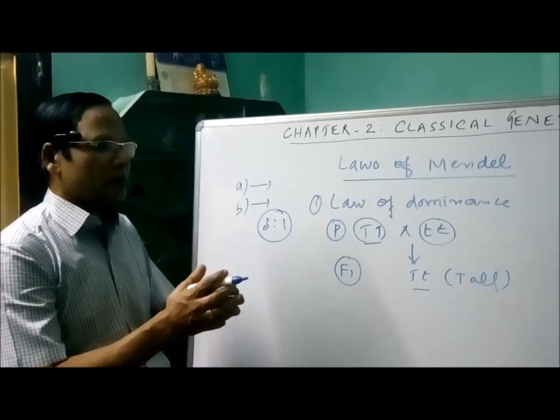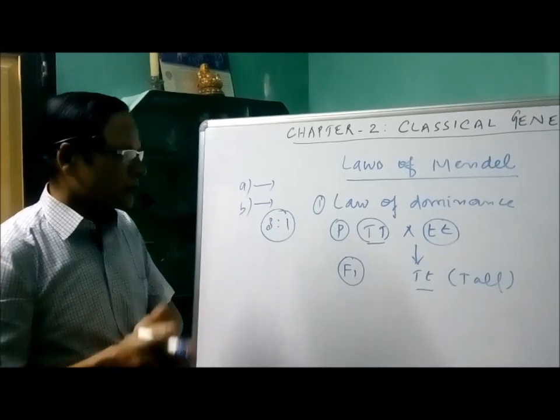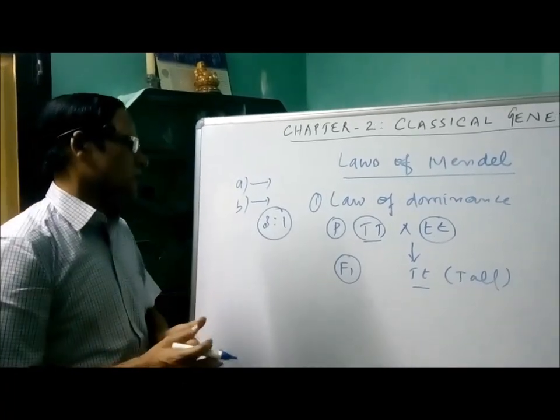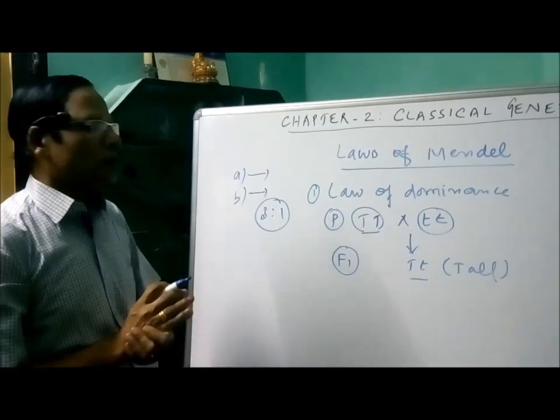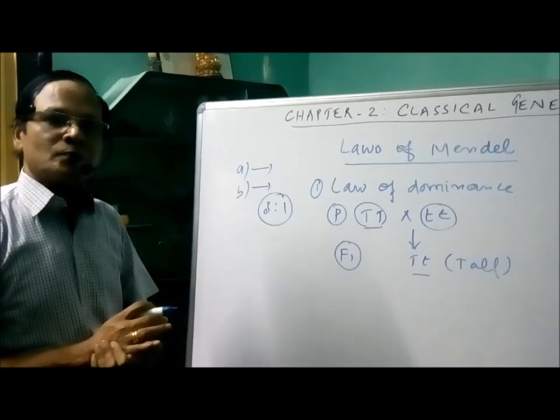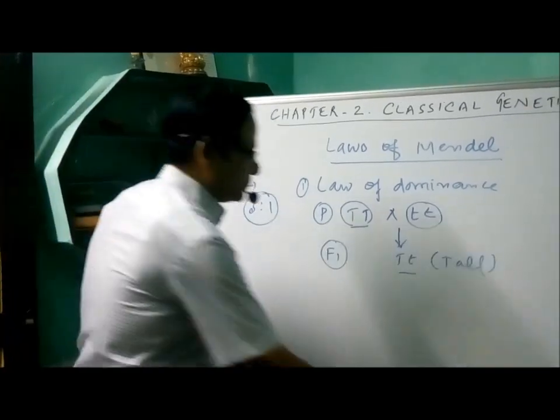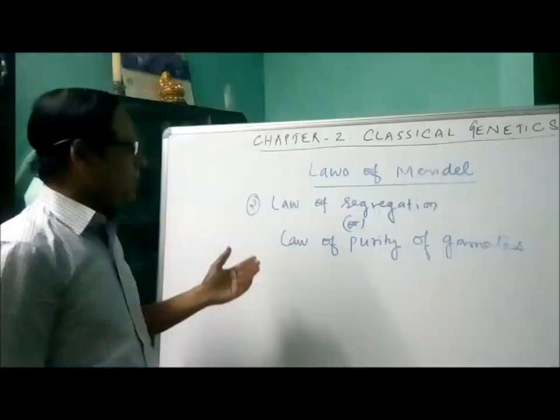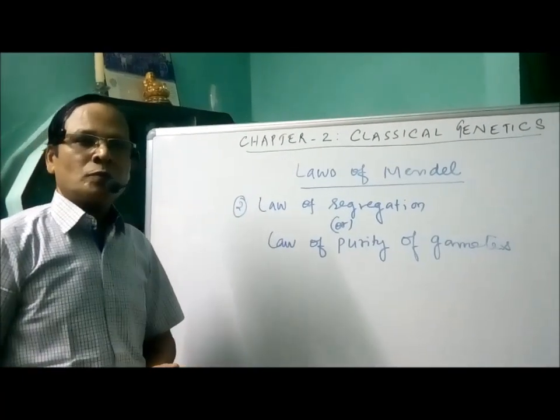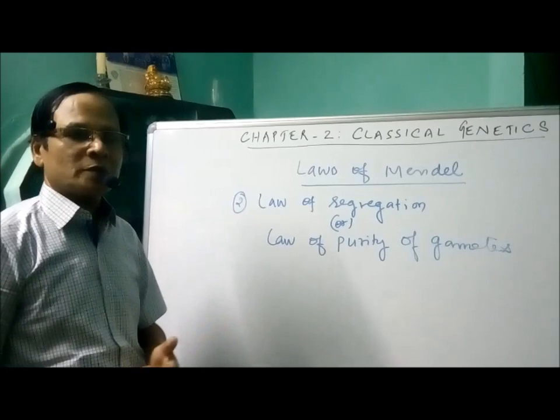With reference to a factor, we say recessive factor; with reference to a character, we say recessive character. So this is called the law of dominance. It is based on the results of the monohybrid cross.